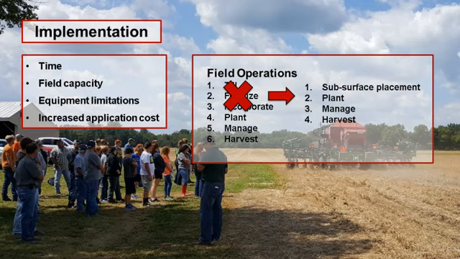But what can we do with some of these tools that allows us to possibly move into a situation where we have 1 pass before the planter pass? We feel that if you can combine subsurface placement with the advantages that some of these tools offer, and possibly have that single pass before the planter, that's really where we feel the advantage is. So these are some things to think about as we move through.